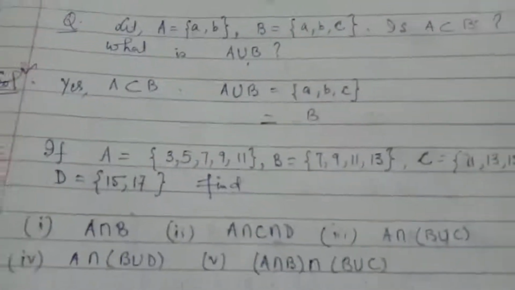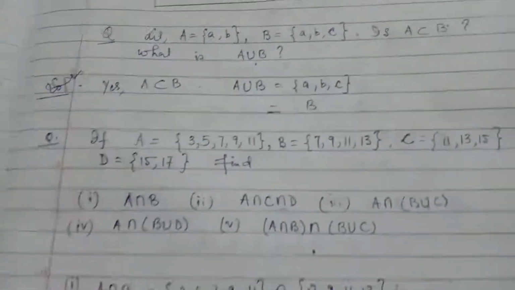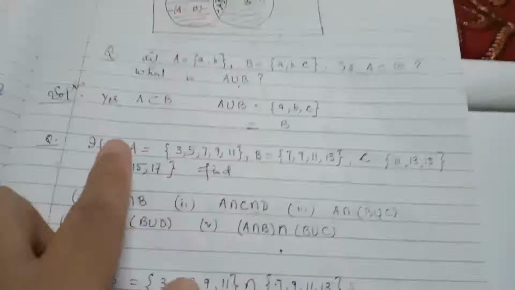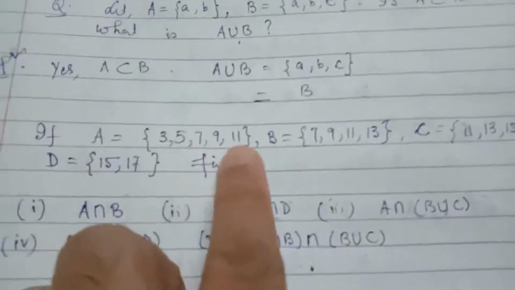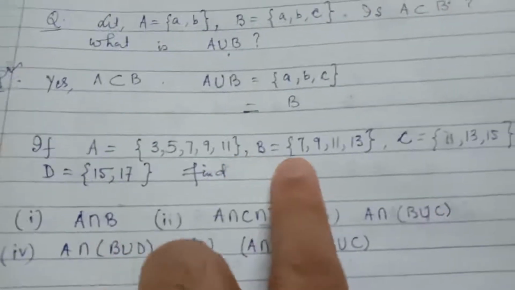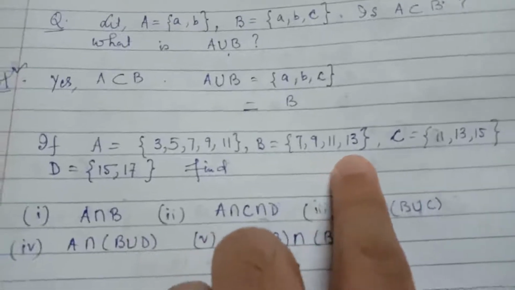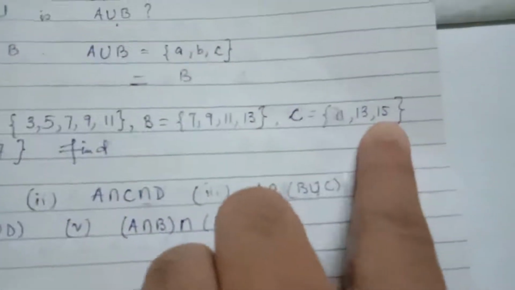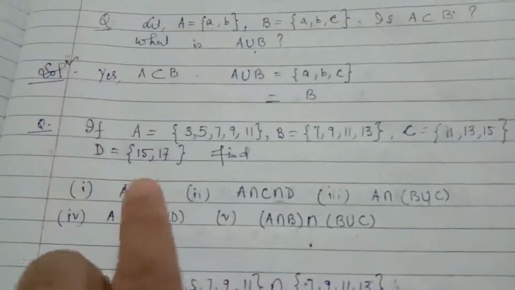I have taken another example from the NCERT book. If A equals 3, 5, 7, 9, 11, B equals 7, 9, 11, 13, C equals 11, 13, 15, and D equals 15, 16.